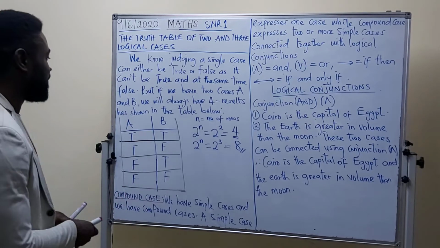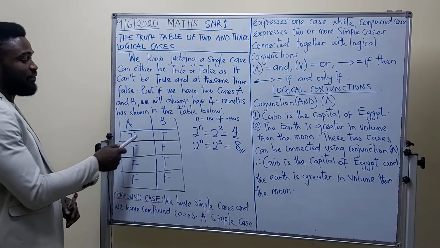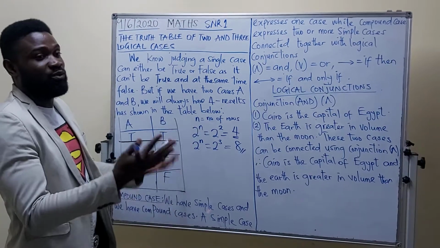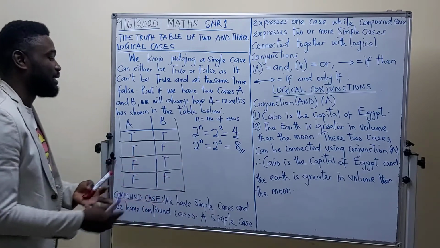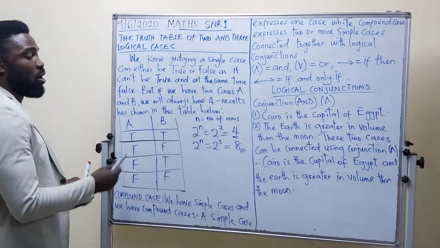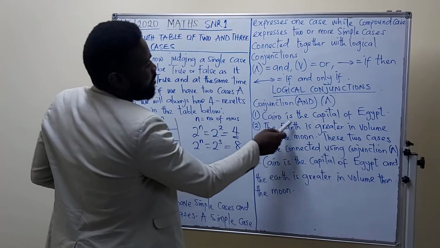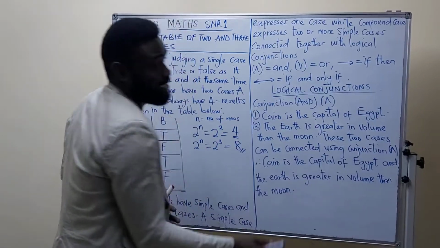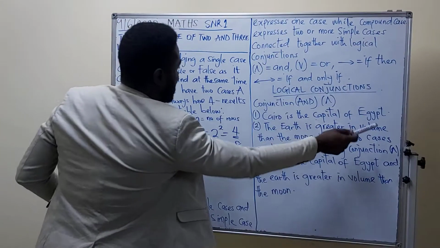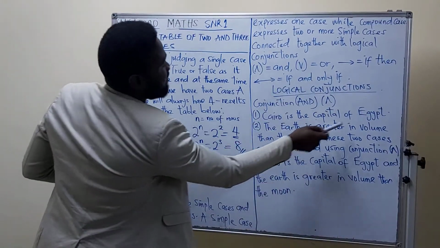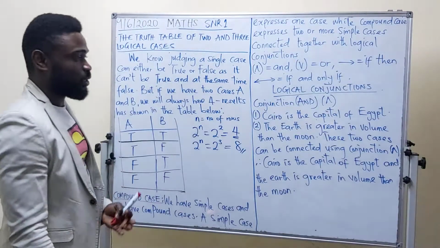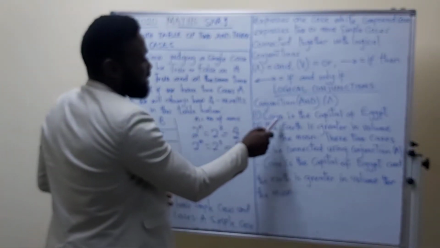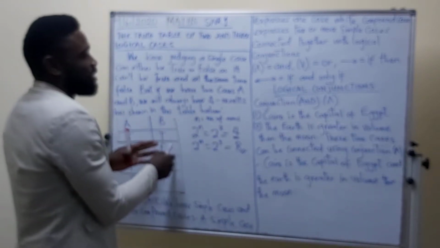Before we go there, when we are dealing with 2 cases, if the first statement is true, the other one can be true because we are dealing with different sentences now. For example, Cairo is the capital of Egypt is a statement, and the earth is greater in volume than the moon is another one. Let's say Cairo is the capital of Egypt is A, and the earth is greater in volume than the moon is B. Logically, the first statement can be true, and the second one can be true as well.